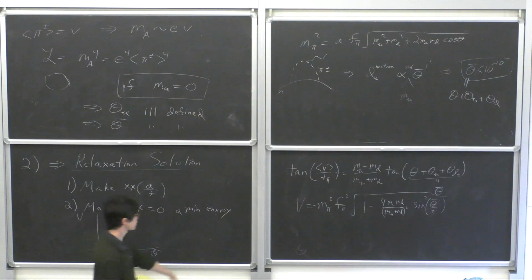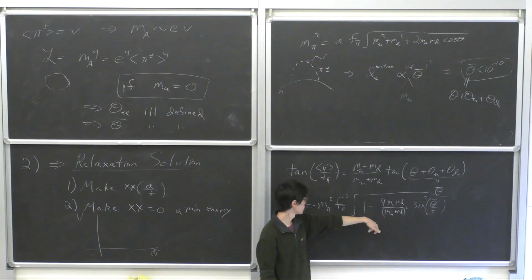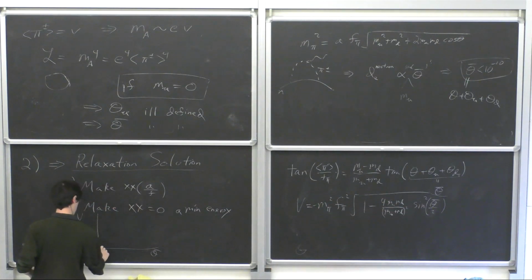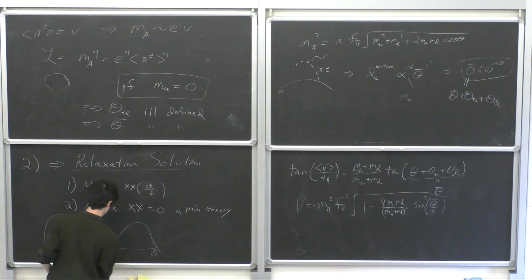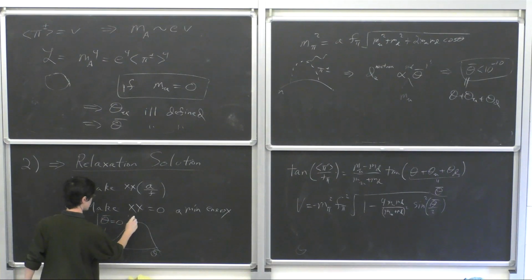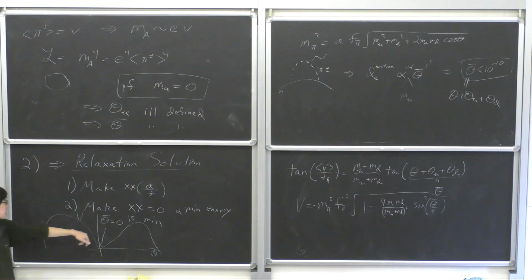And this is a minus sign. We want this thing to be as large as possible. So we want this to be 0. So in other words, this is theta equals 0. Theta bar equals 0 is the minimum. So in other words, we need to do absolutely 0 work to make a relaxation solution work, because the standard model automatically sets theta bar equals 0 to minimum.